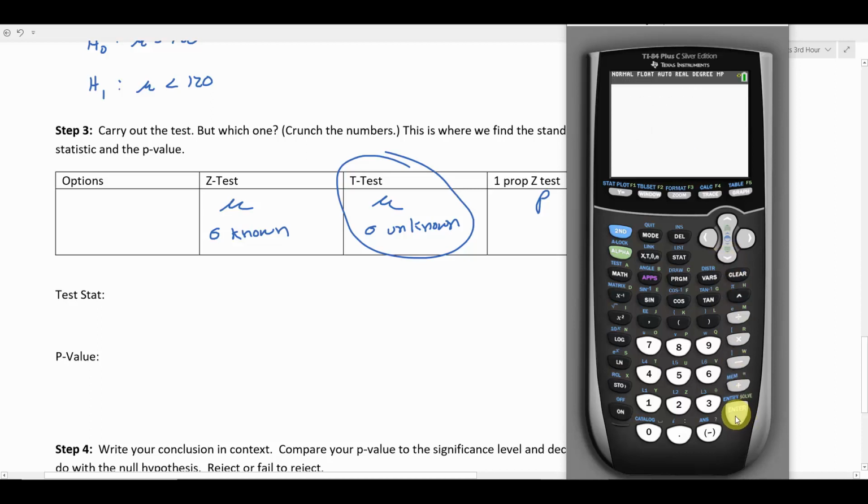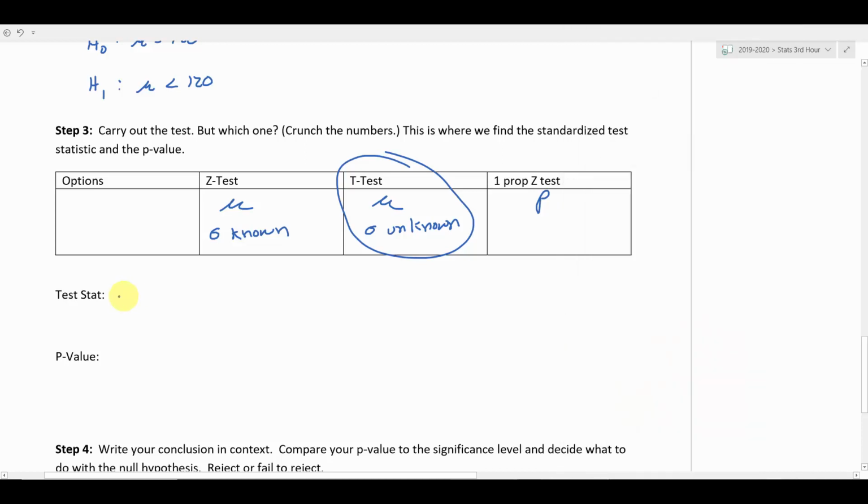See what we get. All right, so there's our test statistic, right? Our test stat, negative 1.477. So this tells us we're 1.477 standard deviations to the left of what we expected to get. The p-value of that, so the probability of that happening, is about 7.3, 7.4%. Okay, so I'm going to write those numbers down here.